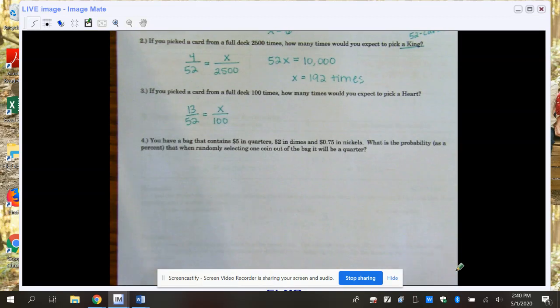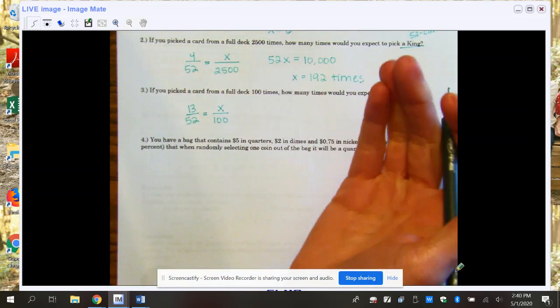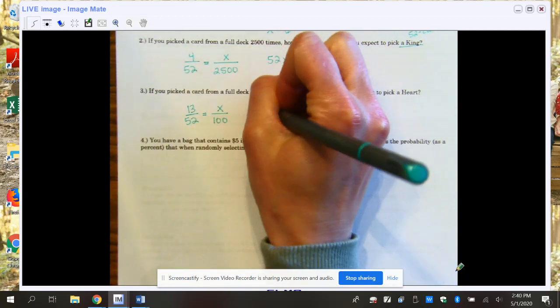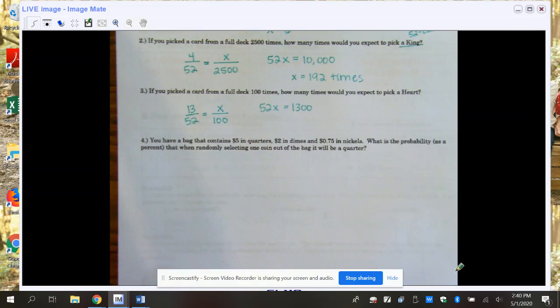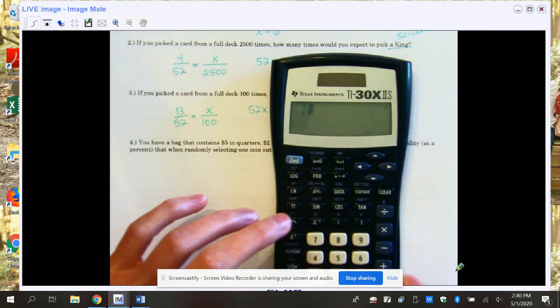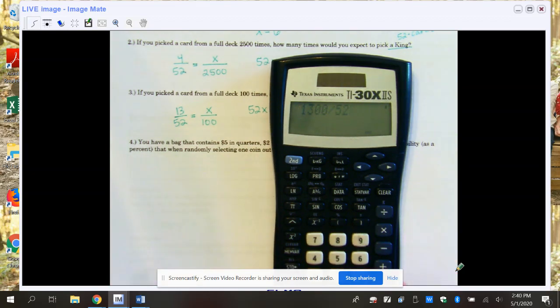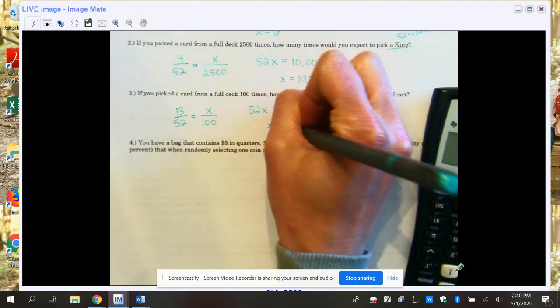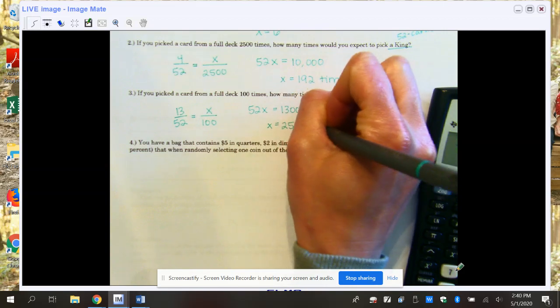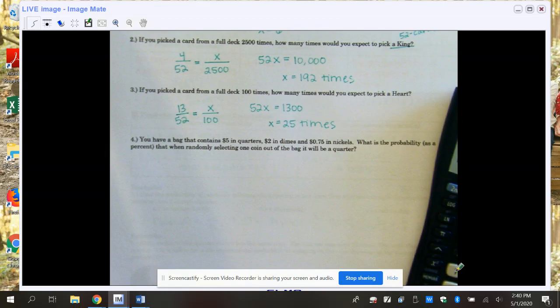So that same ratio should be translated to 100 picks. So that would be 52x equals 1,300. 1,300 divided by 52 is 25. So I should pick a heart 25 times. Okay.